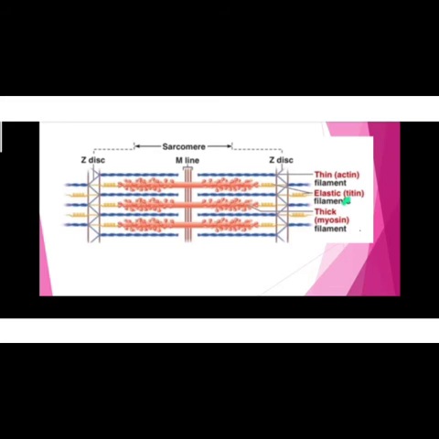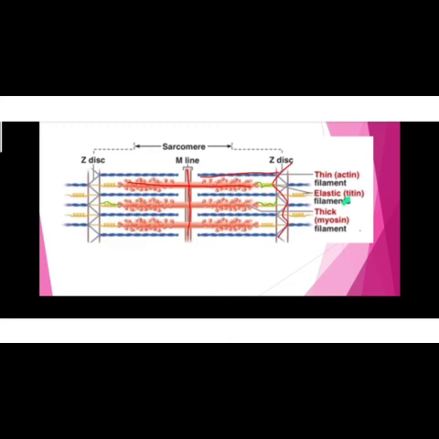So here you can see that the Z disc is here, the M line is here, this is the myosin, this is the actin. What are these yellow structures? These yellow structures are none other than titin. They are elastic filaments.